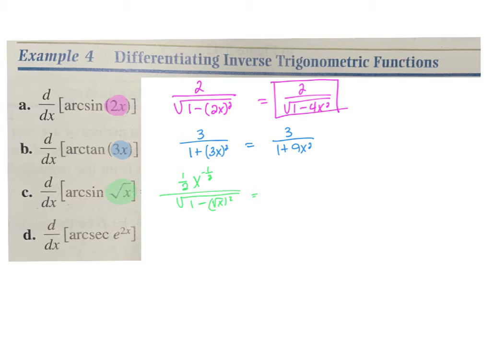What happens here is my 2 and my x to the 1/2 go to the bottom. So I end up with 1 on top, 2 and square root of x on the bottom, as well as the square root of 1 minus x on the bottom. And remember, when you multiply roots, you can just multiply what's inside. So you end up with 1 over 2 times the square root of x minus x squared.